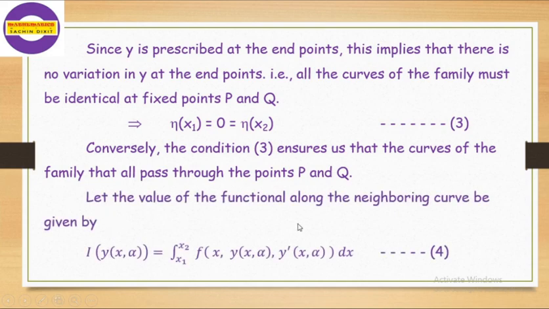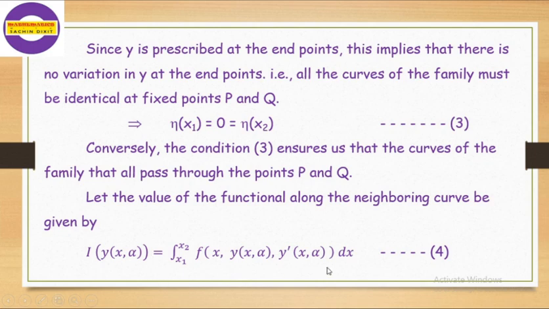Let the value of the functional along the neighboring curve be given by I of y of x, alpha equals the integral from x1 to x2 of f of x, comma, y of x alpha, comma, y dash of x alpha dx. Equation number 4.